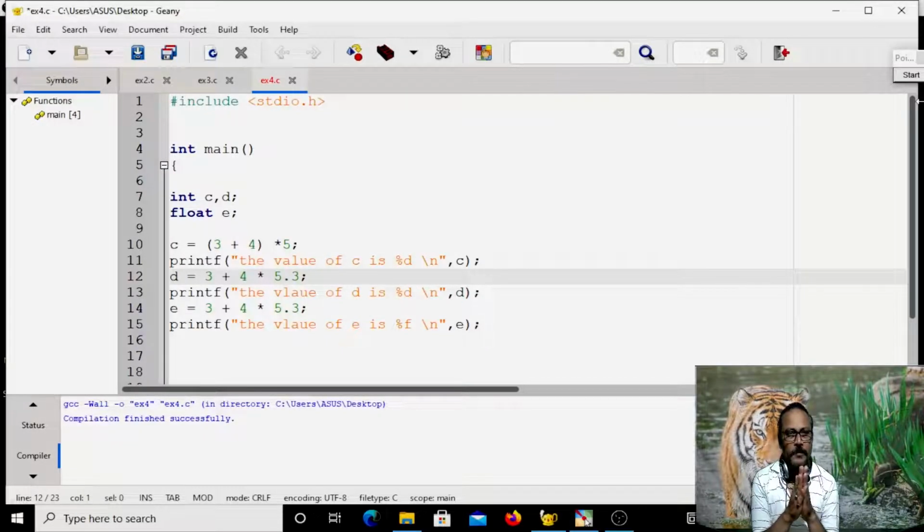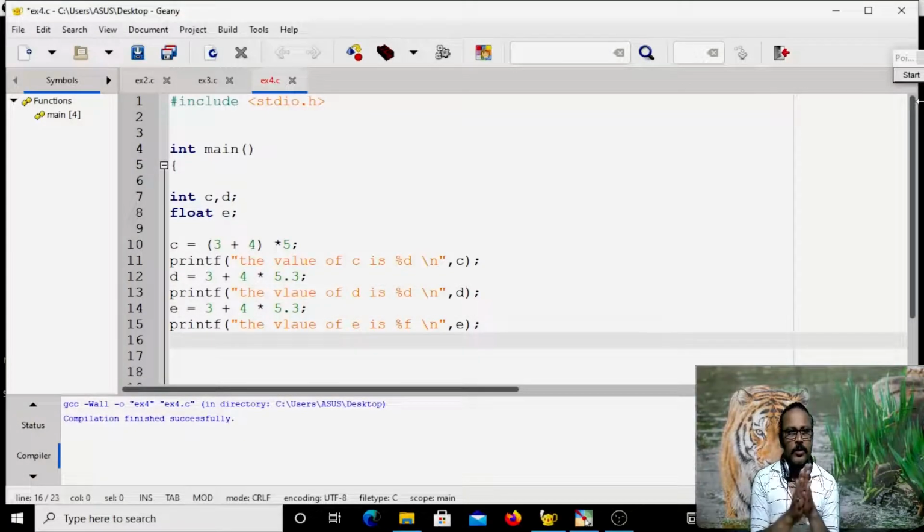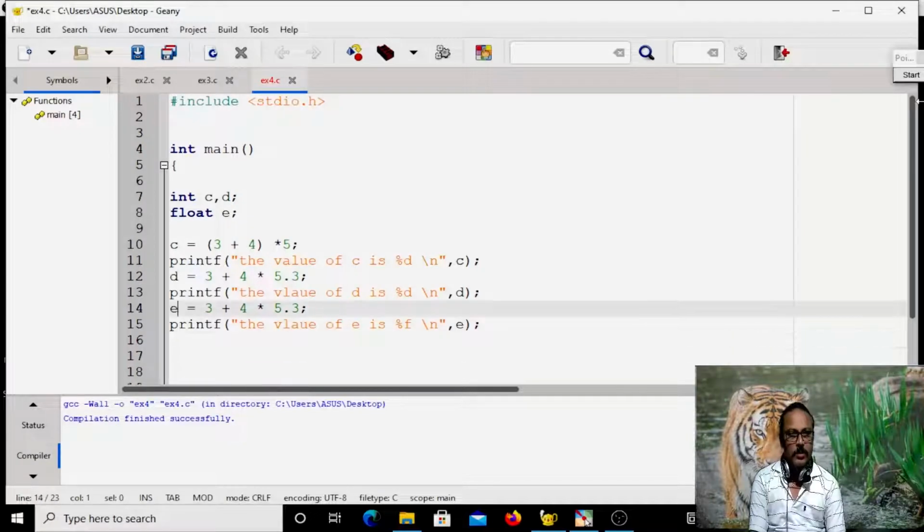So this is regarding some of the operators. We'll take other kinds of operators. Let us say F, let us try something else.